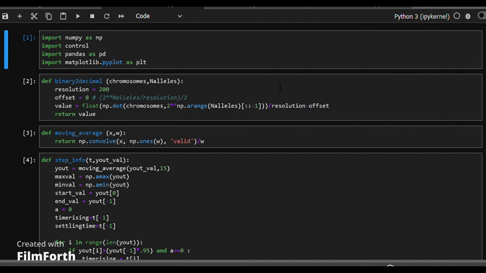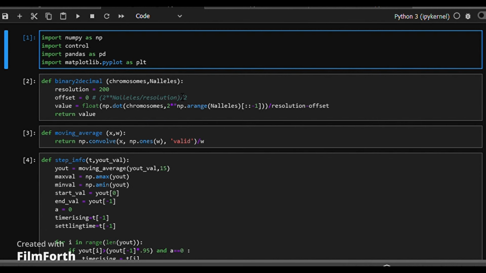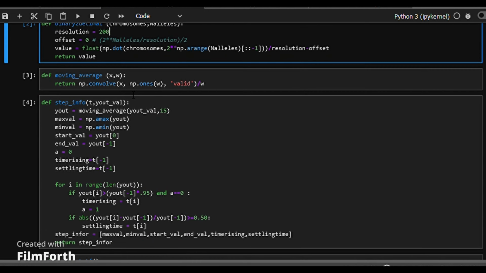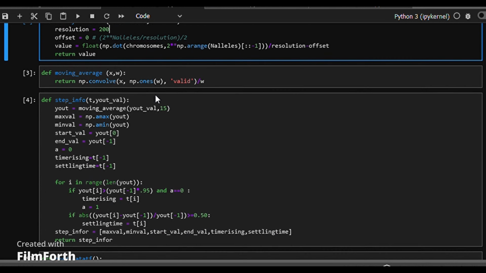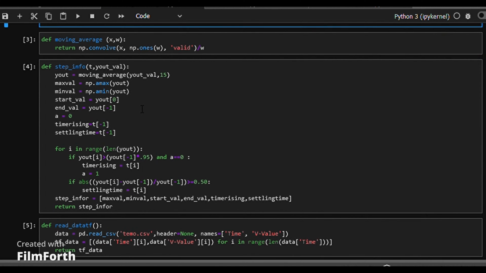In this part we have the same libraries and the definition of the function to convert binary to decimal for the chromosome and alleles with a resolution of 200, offset 0. After this, we have the moving average.